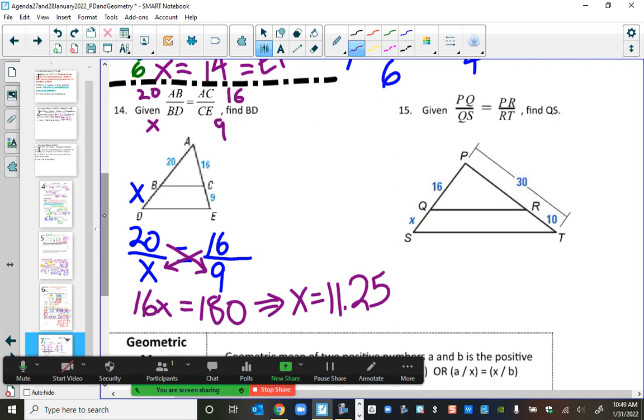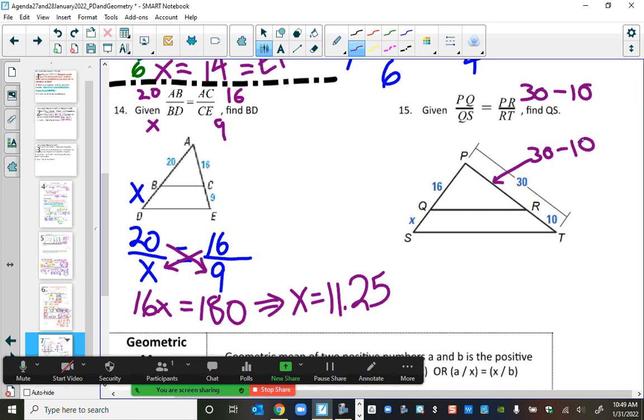Because that's them entire distance. Sometimes they're going to give you the entire distance in a certain part. You need to find out what's missing. This part right here, PR, is 30 minus 10. 30 is the entire distance from P to T. But P to R, that's 30 minus 10, which is really, what's 30 minus 10?